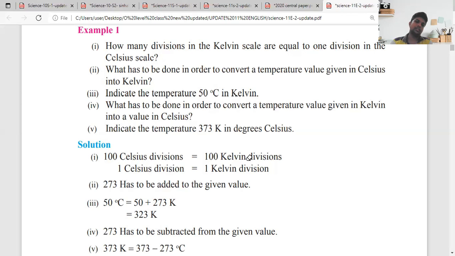So when we want to convert Celsius into Kelvin, 273 has to be added to the given Celsius value. Then we can take directly the Kelvin value.